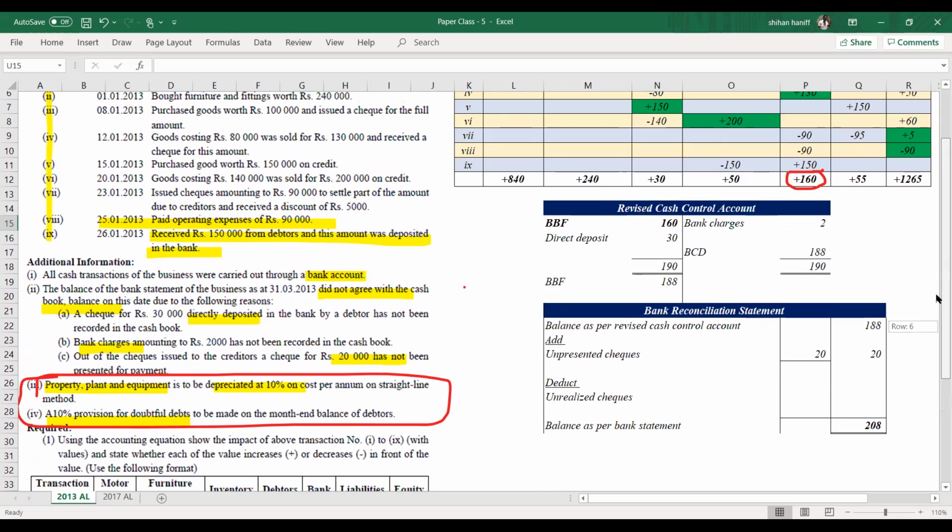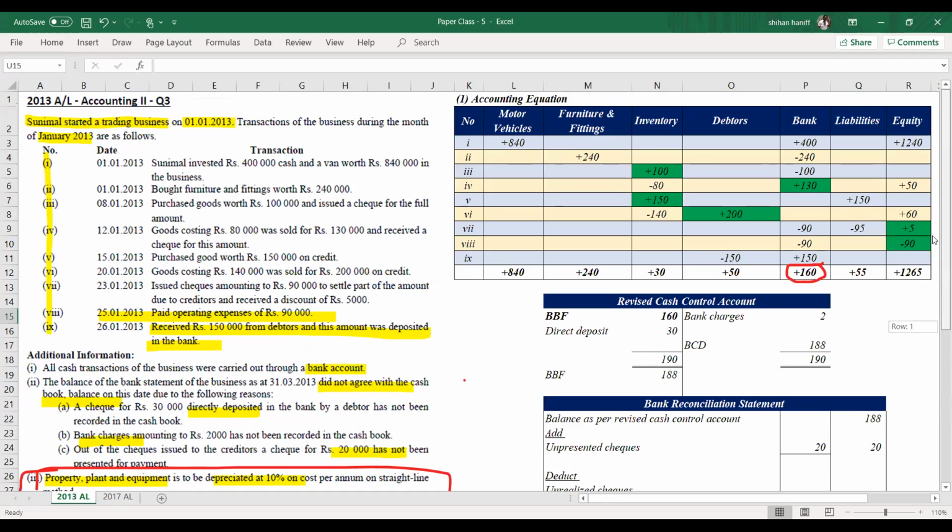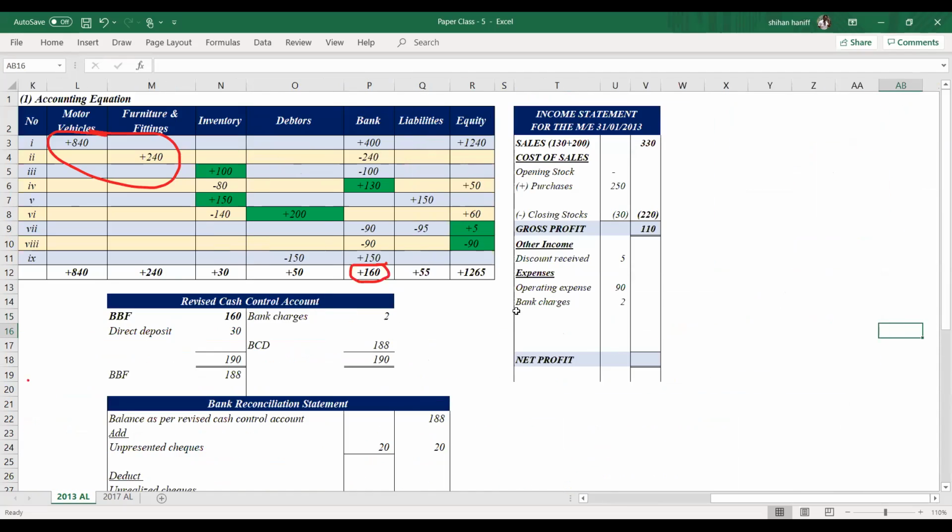So PPE is to be depreciated 10% per annum on the cost. So there are two fixed assets, motor vehicle and furniture and fittings, both from 1st of January. So only 1 month we have to depreciate at 10%. So motor vehicle depreciation 840 into 10% into 1/12.